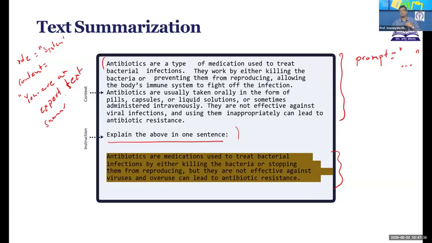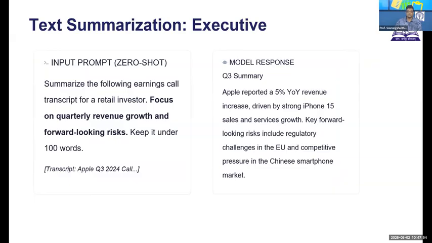Something like this: you are an expert helpful text summarizer. Then in the role equal to user, you would put this prompt. So this is one example application of text summarization.